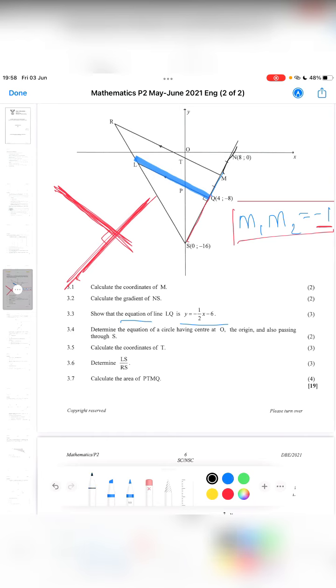That means the gradient for SQ is 2, the gradient for QM is 2, the gradient for MN is 2. Why? Because these are collinear. When we talk about collinear, we are talking about that point ending there, and again it extends to there, and again it extends to there. So all these points are along the same line. So we call this collinear lines, which means they've got the same gradient.